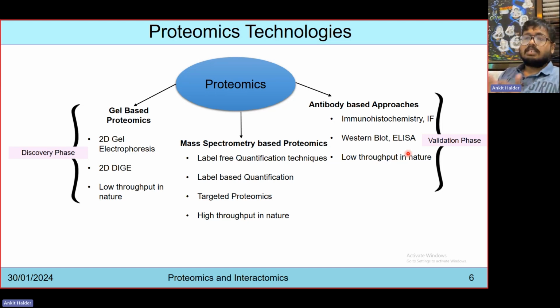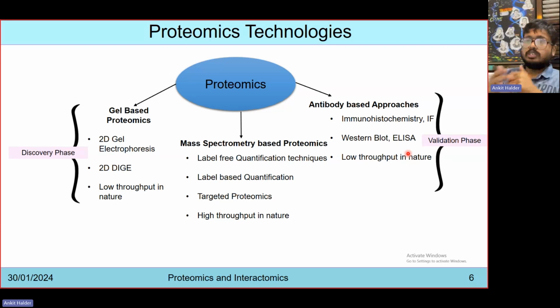Now, the major thing is that, for example, you have taken protein samples or biospecimens or bioanalytes from a patient sample and just done the profiling in the gel using 2D gel electrophoresis or 2D DIGE.